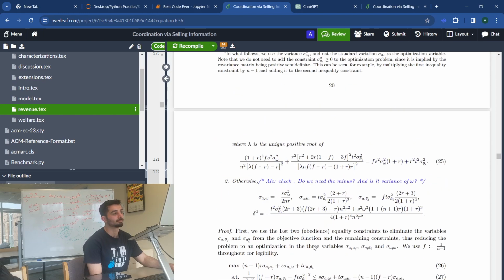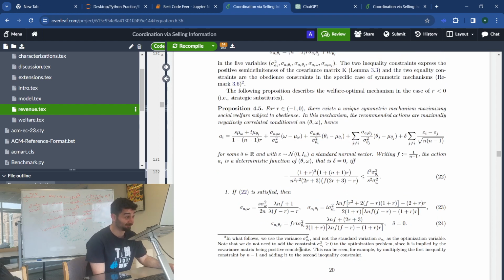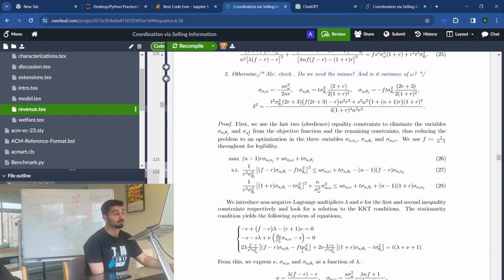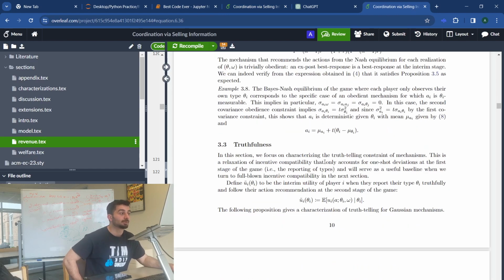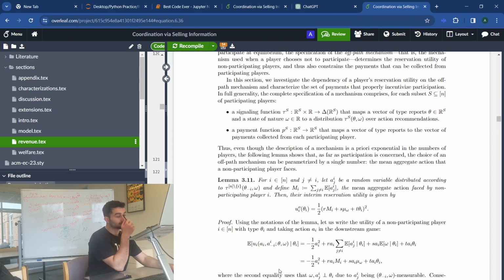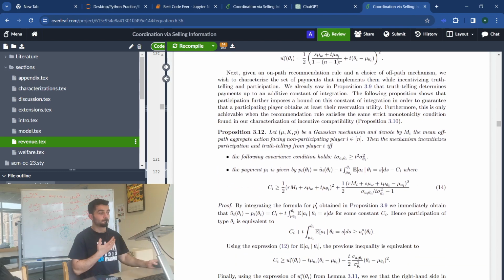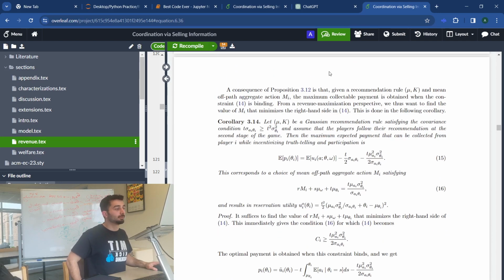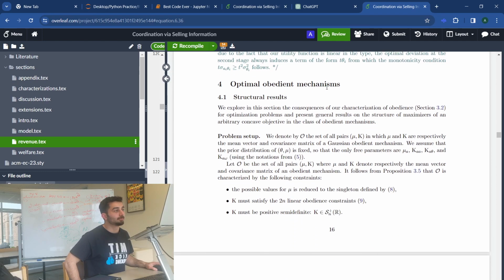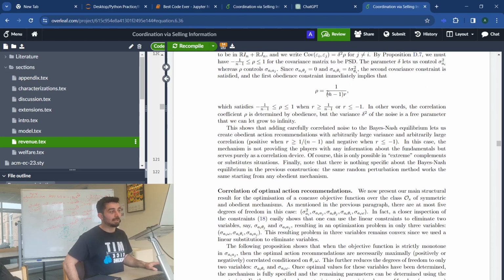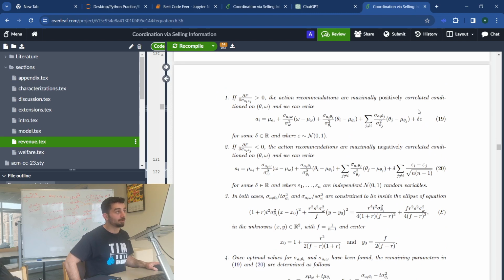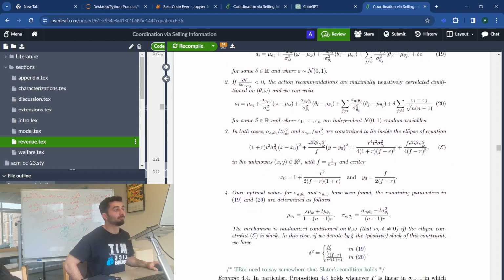What is happening here? We had a lemma in the appendix that was talking about this. Okay. Oh, in both cases.